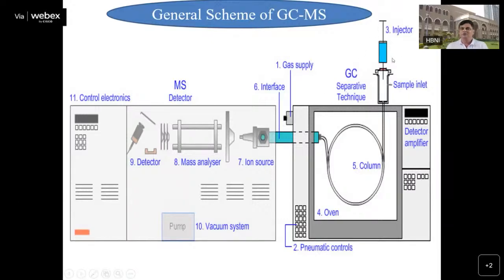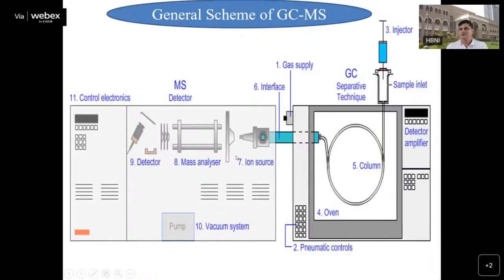So the sample is introduced into the GC, and once it comes out of the GC, it goes to the ion source, and from the ion source it is fed into the mass analyzer. From the mass analyzer it goes to the detector, and there is also control electronics. Here we see the vacuum systems: once the ions are generated, before feeding into the mass analyzer, the vacuum has to be maintained.